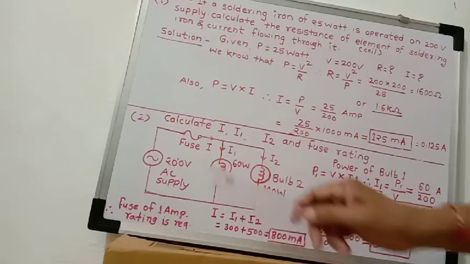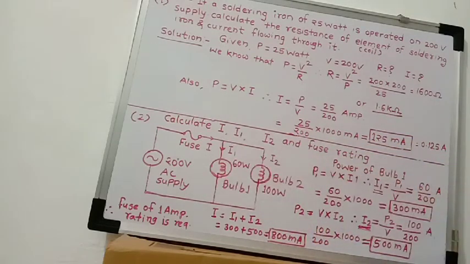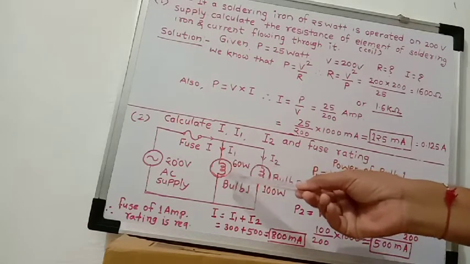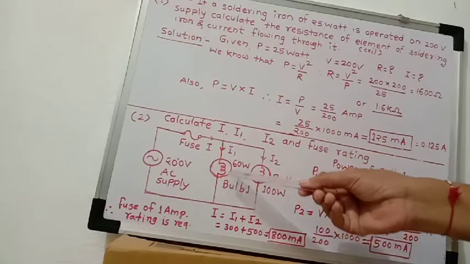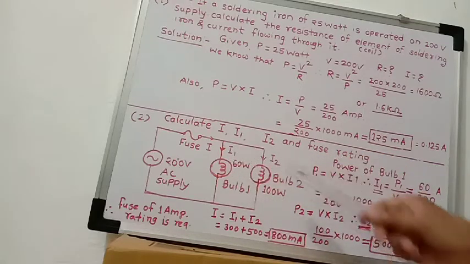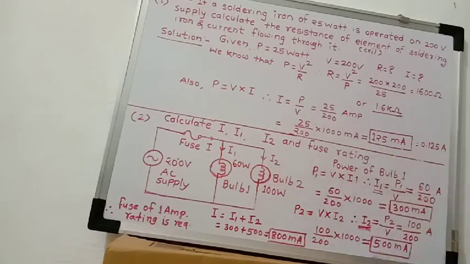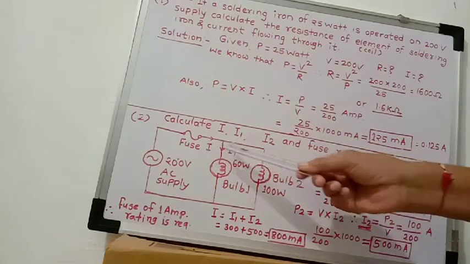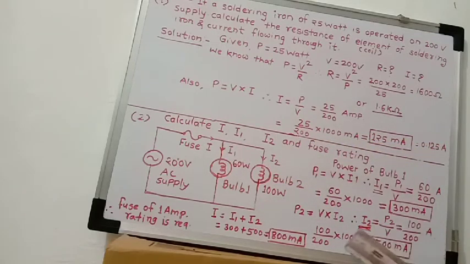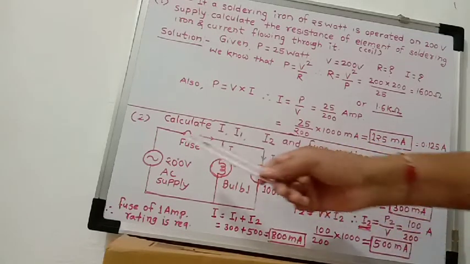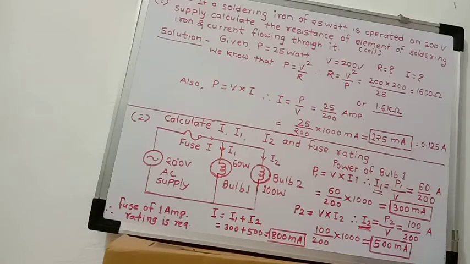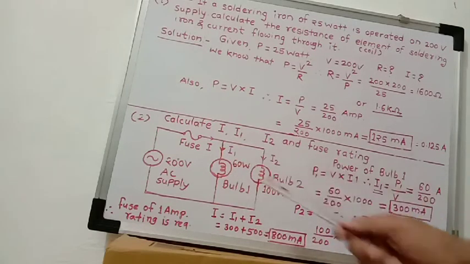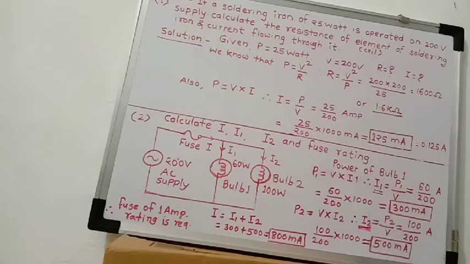So this is the electric diagram, and we have to find the current through bulb 1, that is I1, the current through bulb 2, that is I2, and the total current I. And we have to find the fuse rating required to protect these bulbs.